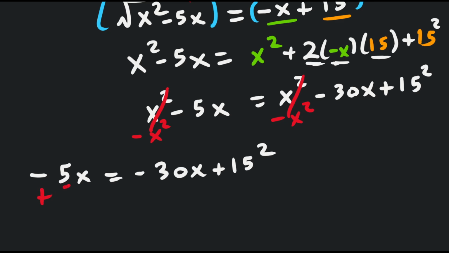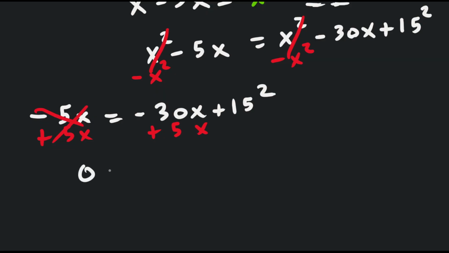These are like terms, negative 30x and positive 5x. On the left, we have 0 equals, and what's negative 30x plus 5x? Well, what's negative 30 plus 5? That's negative 25. So negative 25x plus 15 squared.